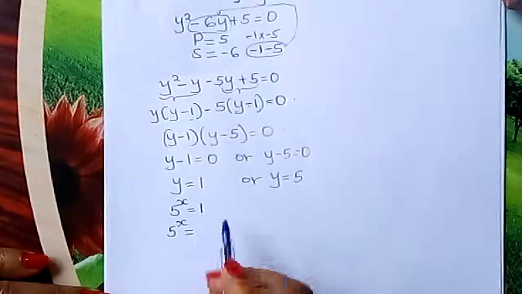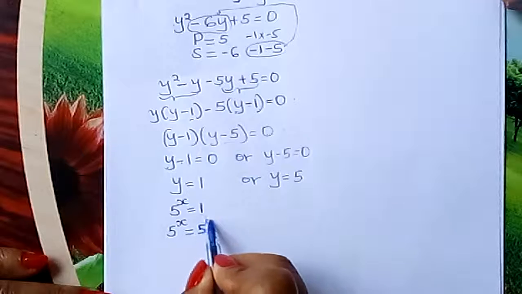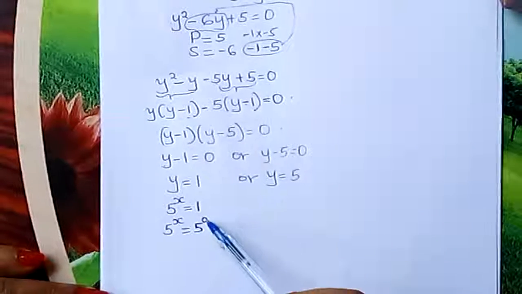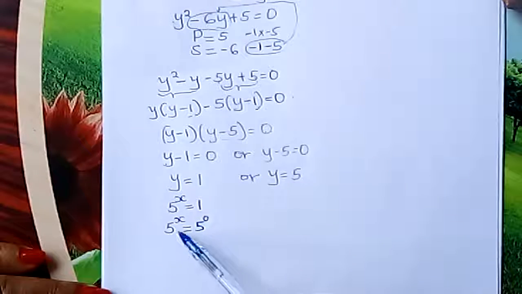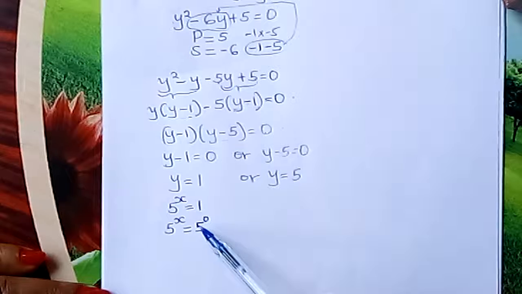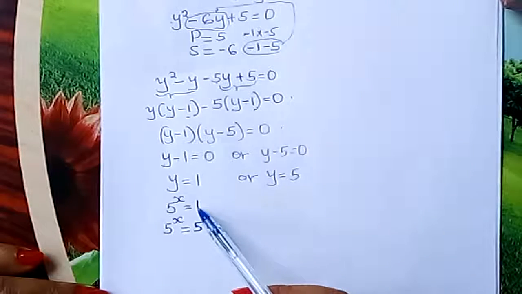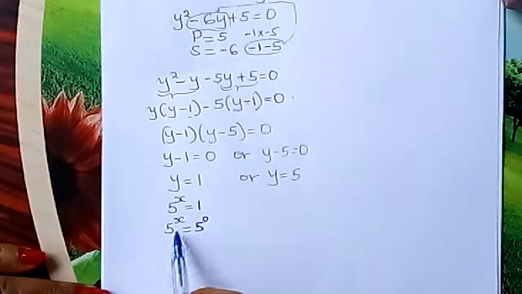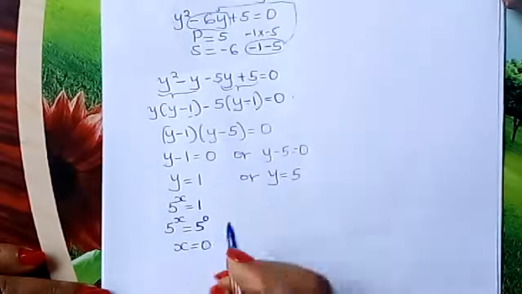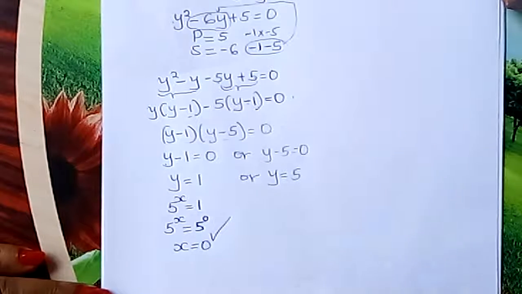It is the same as 5 raised to 0. Remember that, learner, any number raised to 0 is 1. Because I want common base 5 on either side of the equal sign, 5 raised to 0 is 1. At this point, you have equal bases and therefore you equate the powers. And so that is one value of x.